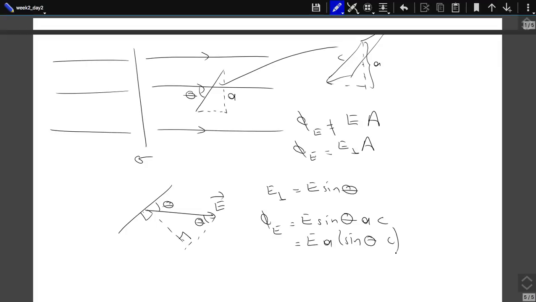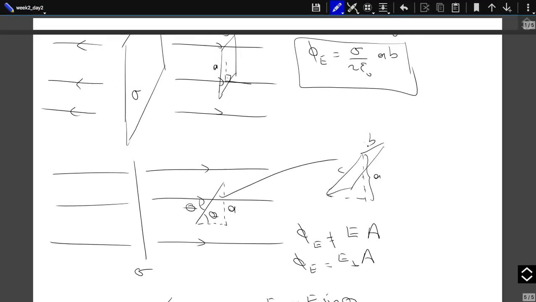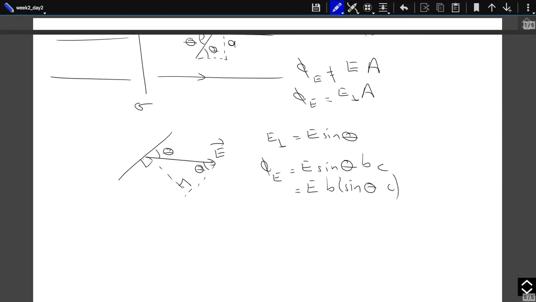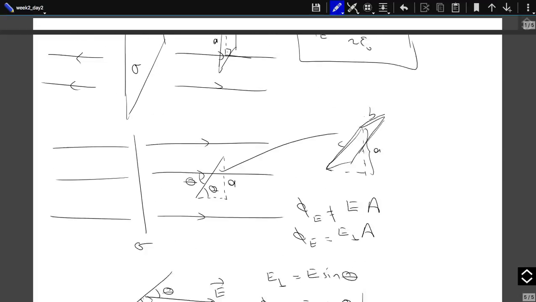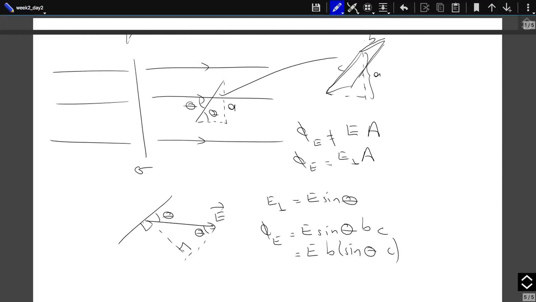But if you look at this triangle, this is my theta. Oh sorry, this is B, not A. My rectangle has sides B and C. Now C is this length.